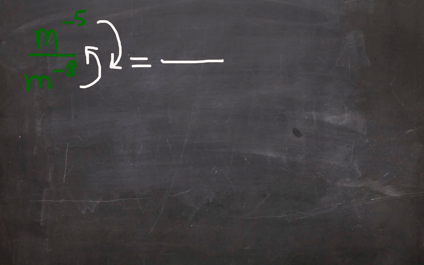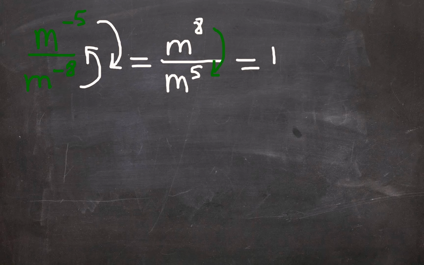I'll move the 8 up, that becomes m to the positive 8 up here. And I'm going to move the 5 down, that becomes positive 5 here. It looks much nicer. Now I need to apply my rule that says when I divide like bases, I subtract the exponents. So now I need to do 8 minus 5, leaving me with the same base m to the 3rd. And that's my answer.